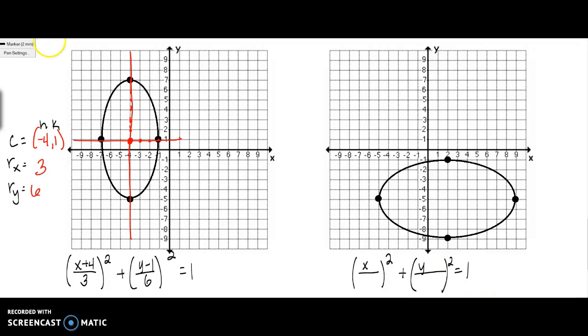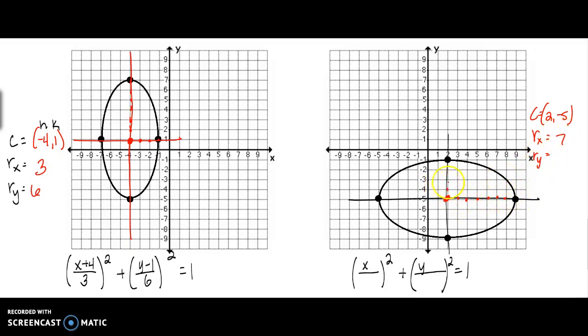So what we're going to do is connect those dots again. So they intersect right here, which our center is now at 2, -5. And we need to find our x radius and our y radius. So x radius is 1, 2, 3, 4, 5, 6, 7.